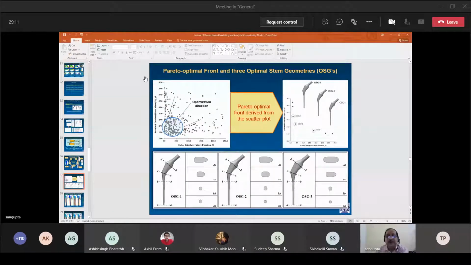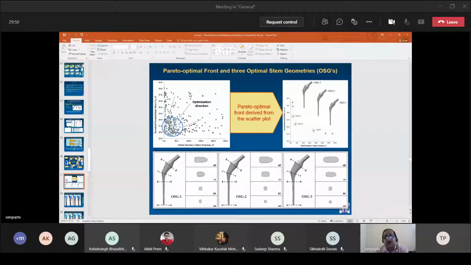So what we get as results is a lot of design space. You can see the points, but there is an optimization direction which is important to us. On one side, we have objective 1, resorbed proximal bone mass. So on the proximal side, the resorption is high. So the resorbed proximal bone mass on one side, and the global interface failure function F2, Hoffman's failure criteria, and so forth.